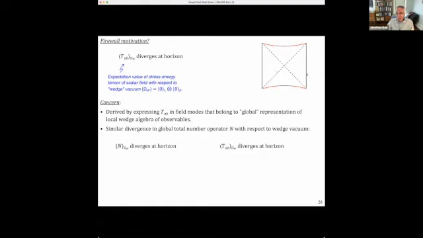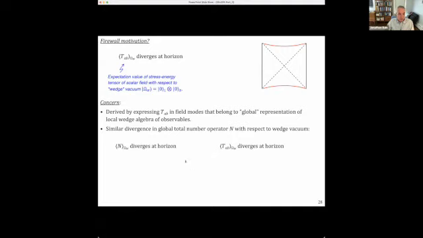In the Minkowski context, this is the Minkowski representation, and so we're taking the expectation value of an object that belongs to the global representation, with respect to an object that belongs to the wedge representation. And without further ado, that's a mathematically ill-defined procedure.